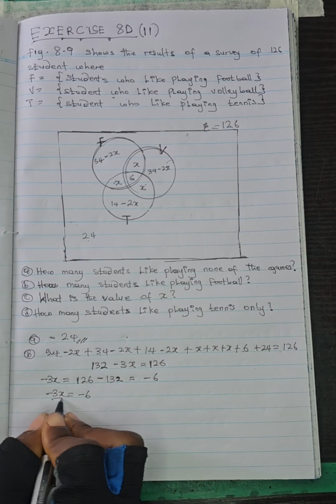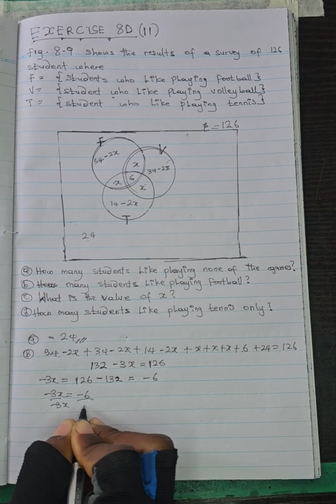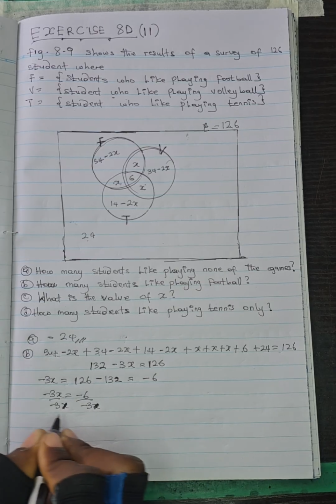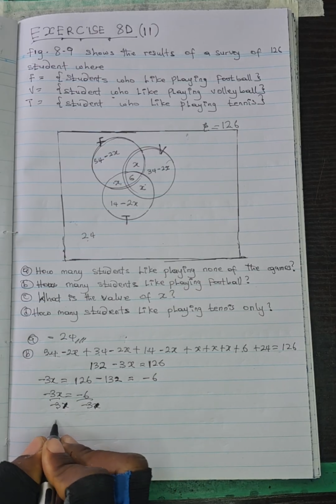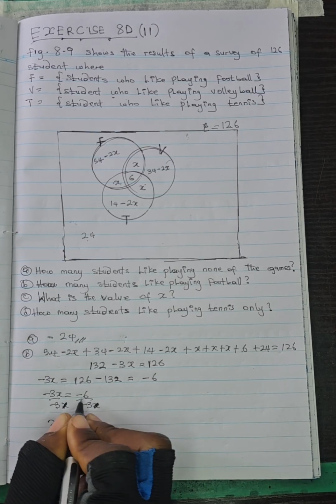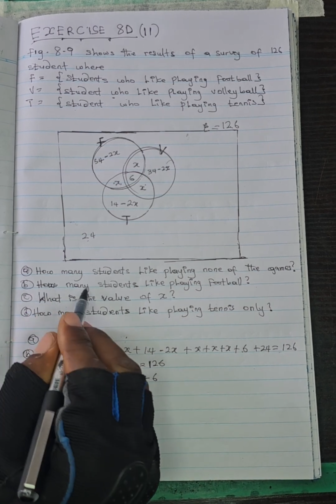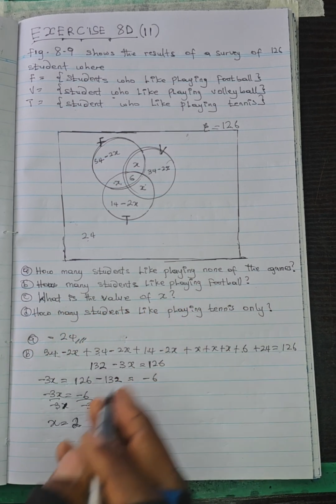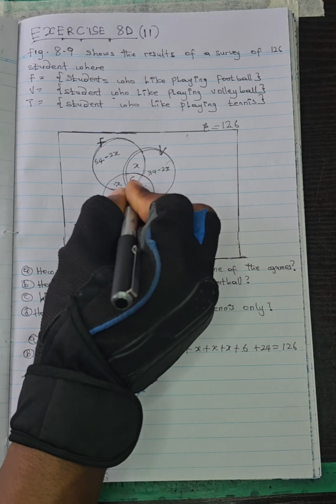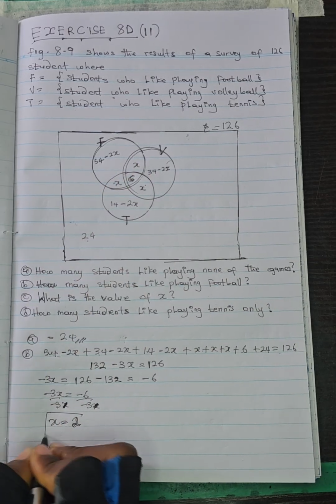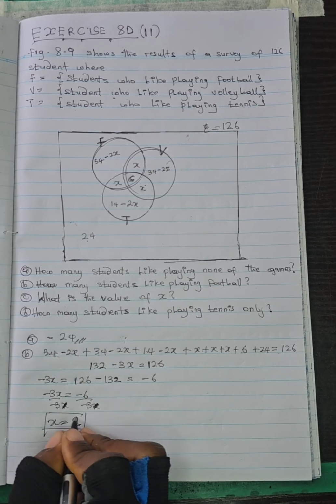Divide both sides by minus 3. Minus 3x divided by minus 3 will give you x. Minus 6 divided by minus 3 will give you 2. So x here is already 2. Use it to answer any question we are being asked.